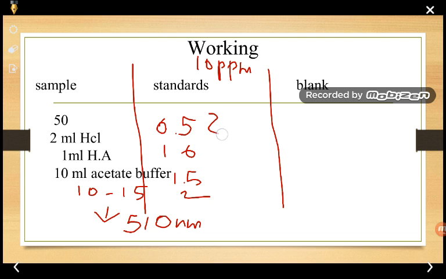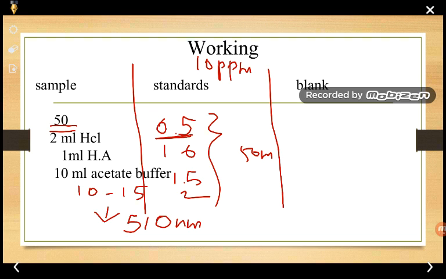Then we have to make the volume 50 ml, and by adding 1 ml of the HCl we do the same as we did with the sample. Instead of water samples, we have taken the standard sample.